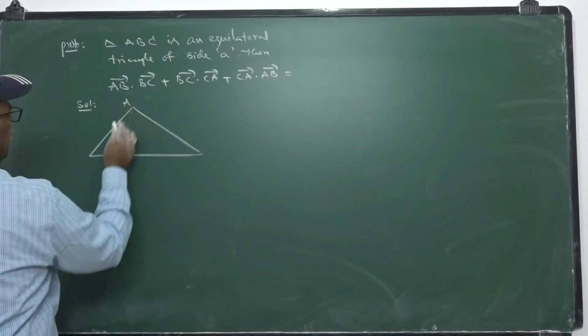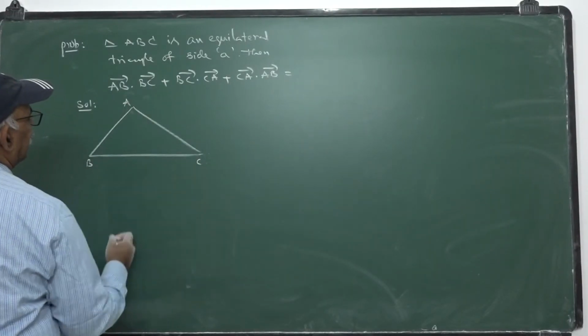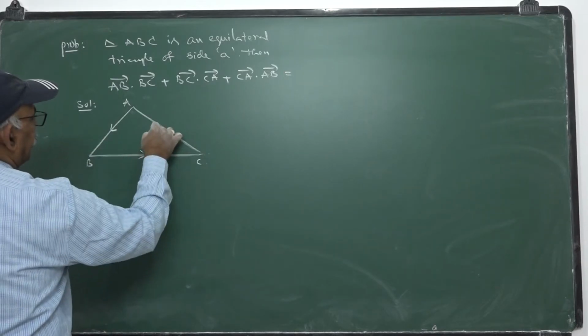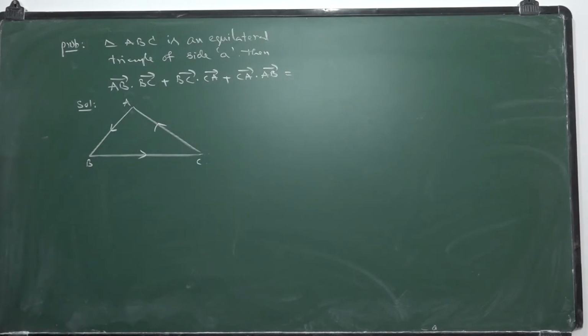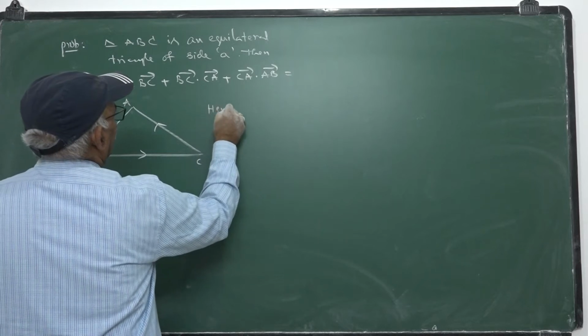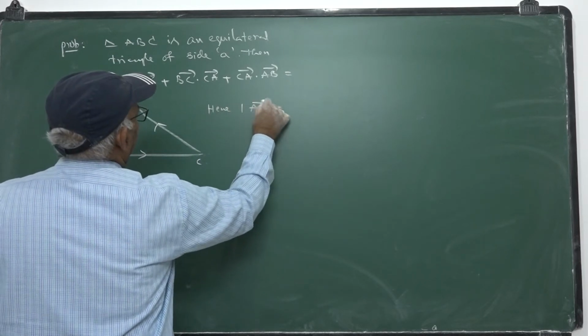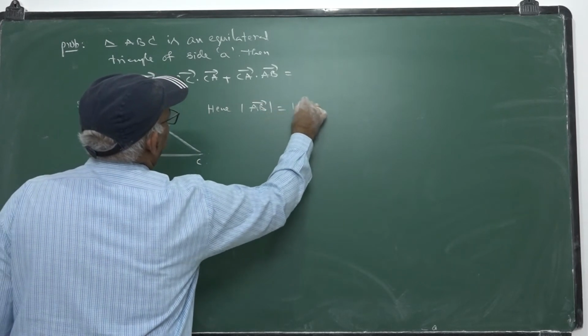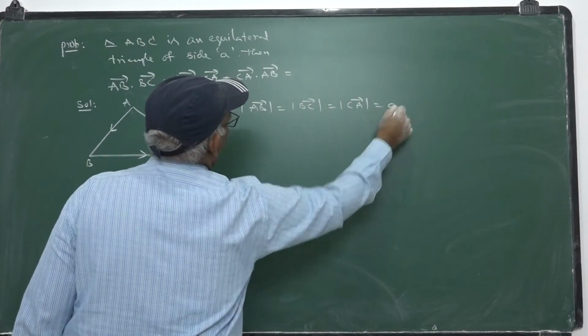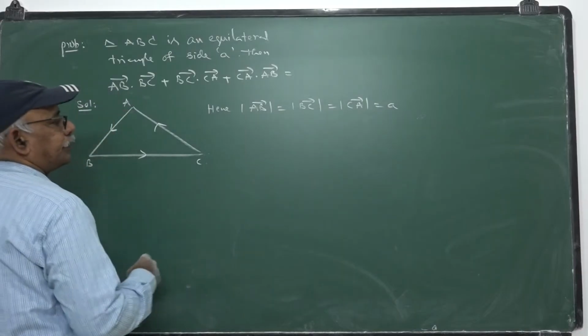ABC is an equilateral triangle of side a. So AB bar, BC bar, CA bar form a triangle like this. Here modulus of AB bar equal to modulus of BC bar equal to modulus of CA bar equal to a, small a, each side of length a.